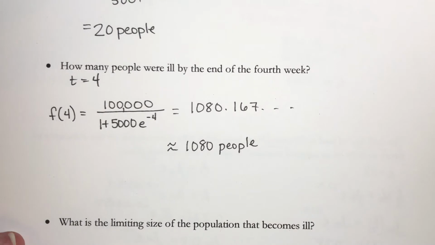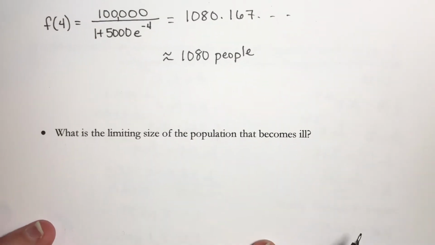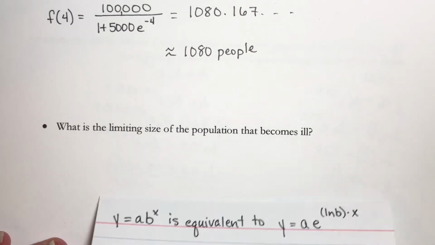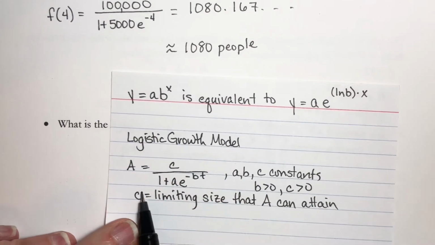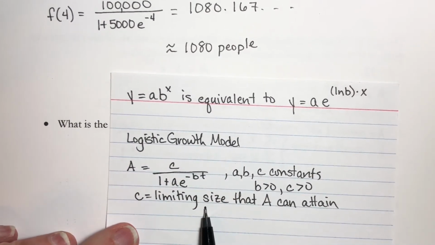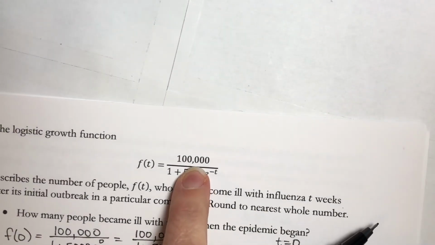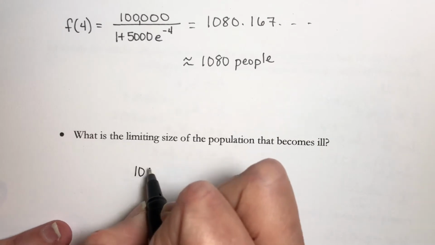Okay, now what is the limiting size of the population that becomes ill? Well, this is what I was talking about in part 1. This is a hard problem if you make it hard, but it's really easy. C is the limiting size. That's it. So what's in the C position? C is in the top. What's in the top here? 100,000.